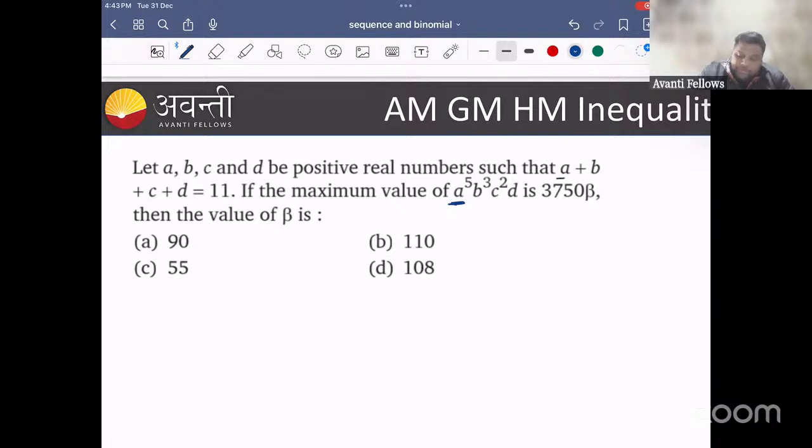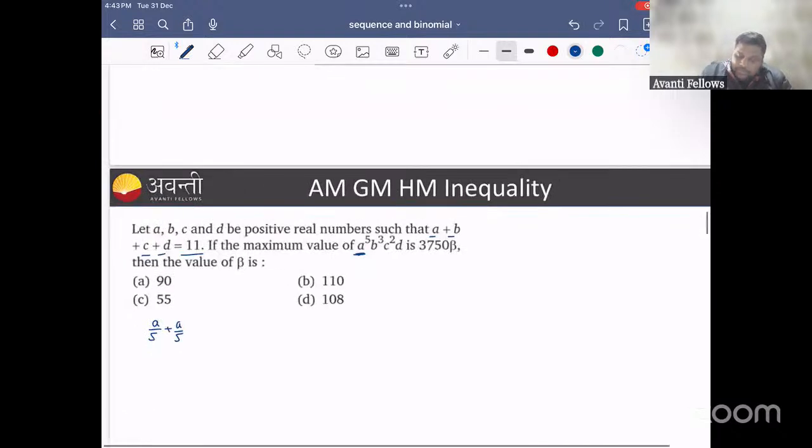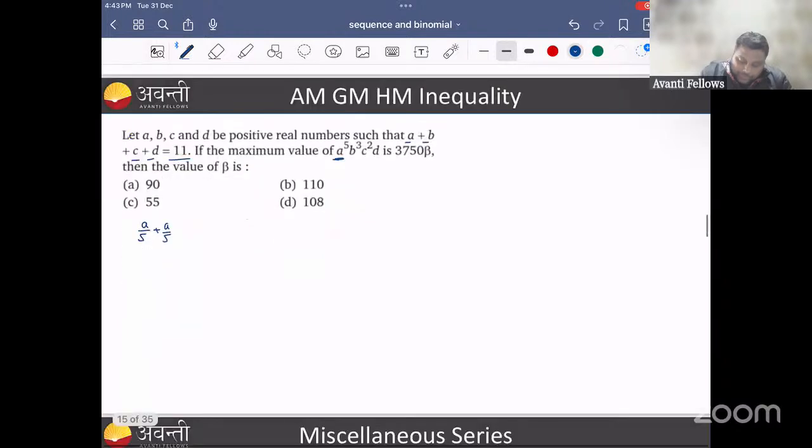I have A plus B plus C plus D as 11. So divide A into 5 parts: A by 5 plus A by 5 plus A by 5 plus A by 5 plus A by 5.